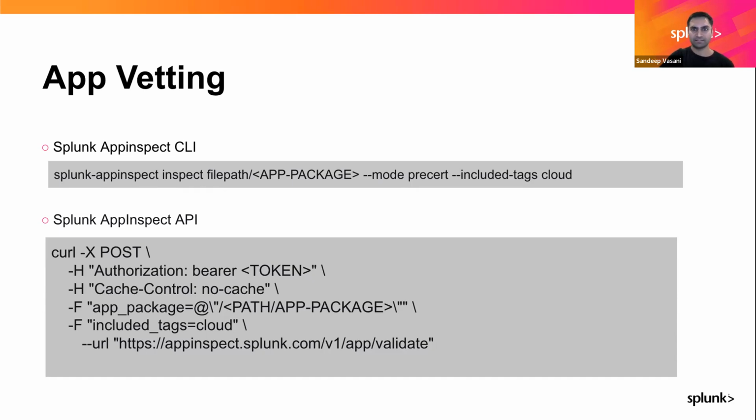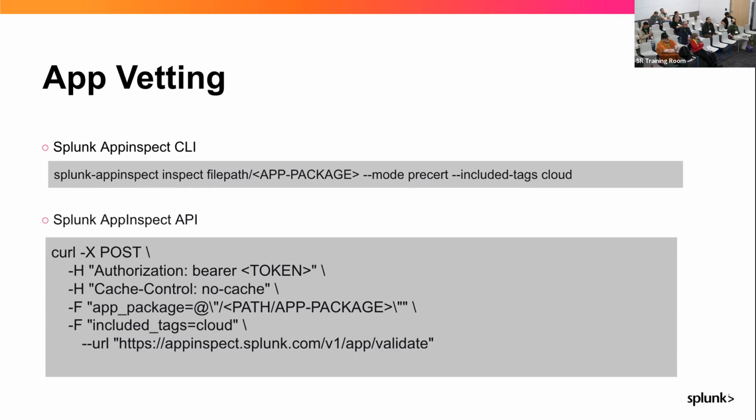Maya, do you want to add anything? Yeah. Again, you might be wondering why you need this extra step of app vetting. This is for you to get your apps more cloud supported. Splunk Cloud has additional restrictions because it's a cloud environment.